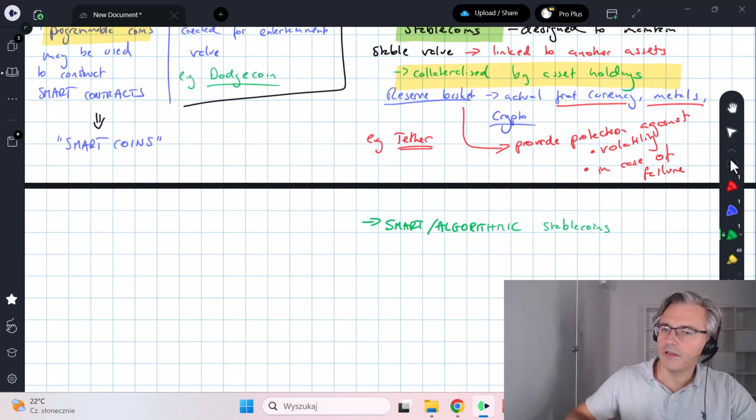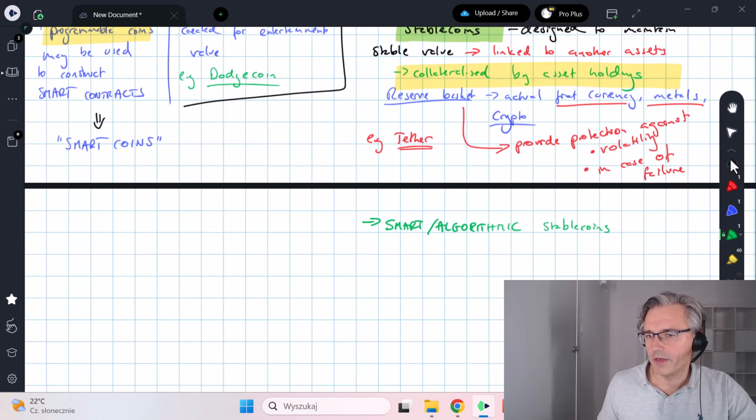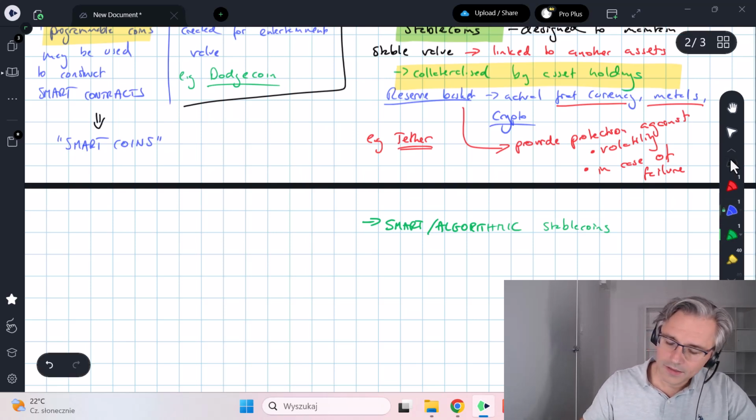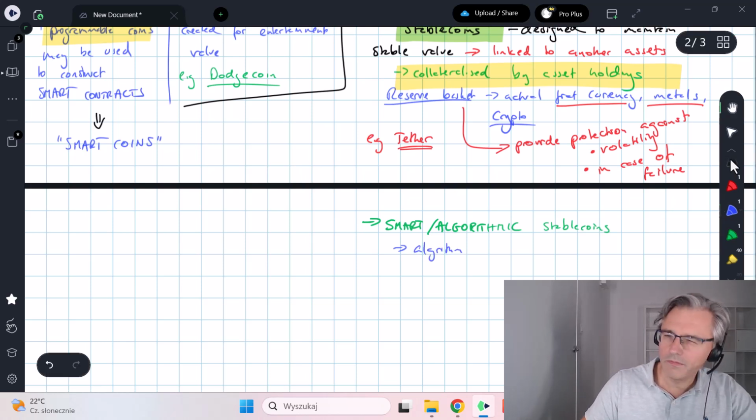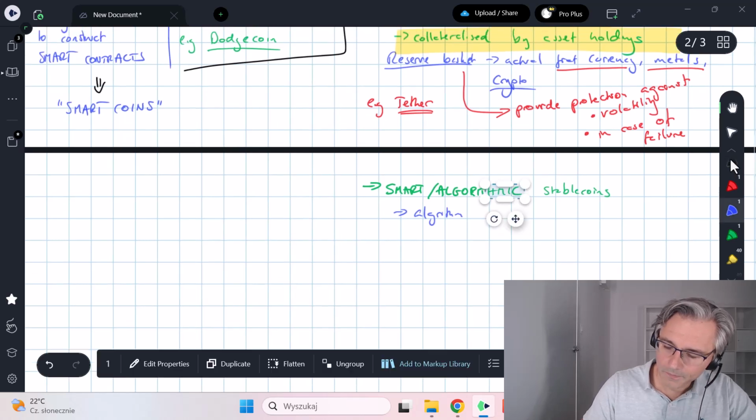And these will typically not hold a reserve basket. There are so many variations on this, right? But instead you'll have an algorithm that automatically controls supply.